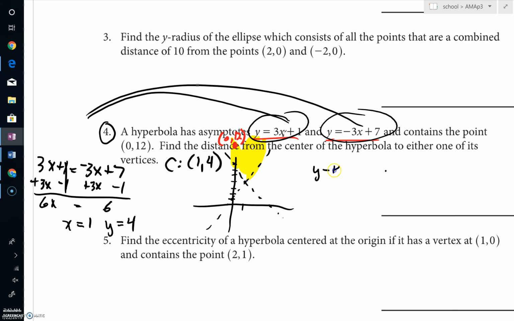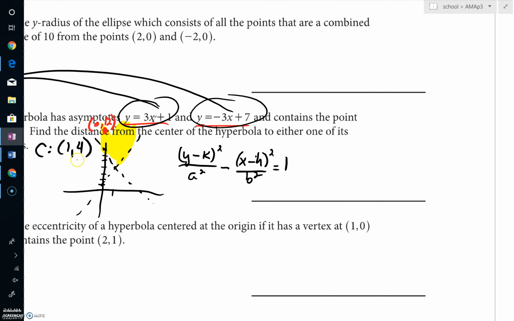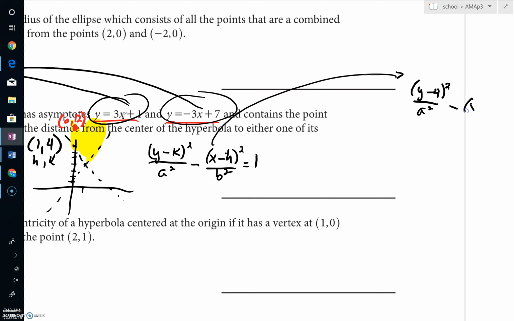Now, if it opens up and down, my goodness, that is incredible. We can say, well, from what we just saw, it's y minus k quantity squared all over a squared minus x minus h quantity squared over b squared equals 1. And right now we can even say, well, if our center is at 1, 4, we've got h, k. So this thing becomes y minus 4 quantity squared all over a squared, minus x minus 1 quantity squared all over b squared equals 1.